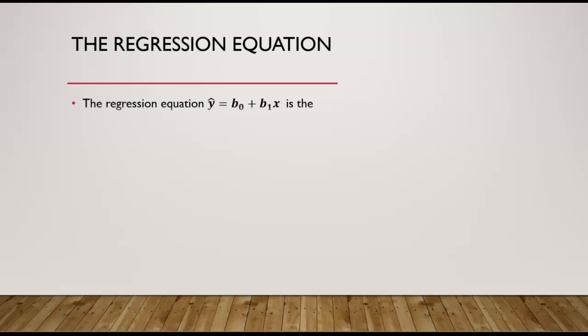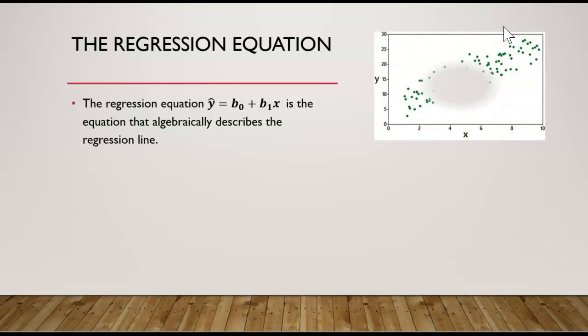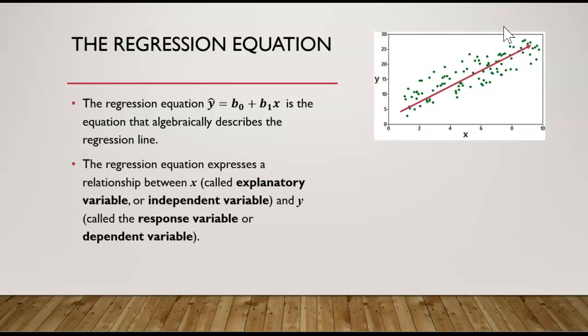The line that best fits the points in a scatter plot of paired sample data is called the regression line. The regression equation y hat equals b sub 0 plus b sub 1 times x is the equation that algebraically describes the regression line. The regression equation expresses a relationship between x, called the explanatory variable or independent variable, and y, called the response variable or dependent variable.